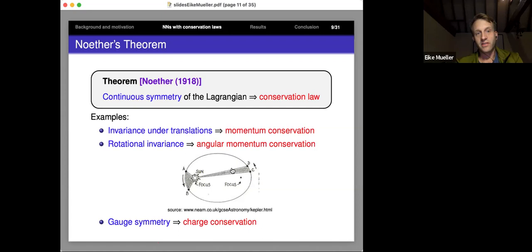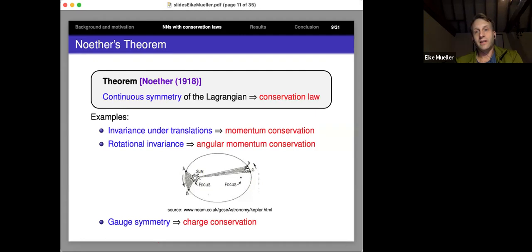This rotation invariance implies the conservation of three-dimensional angular momentum. That has consequences such that the planets all move in a plane, and that the area that they cover in a given time interval is constant. So they move faster close to the sun and slower further away from the sun. That's one very famous example.